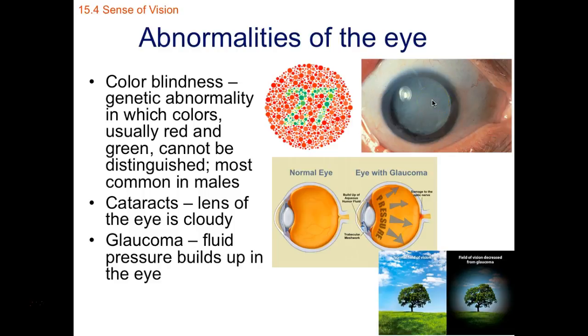I'm sure many of you have heard of it already. What this is, we have pressure buildup within that aqueous humor in the front of the eye. And so from that increase in fluid, we're going to start to feel pressure against the retina, specifically to our optic nerve, where that information is sent over to our brain. And so this can be a huge issue.